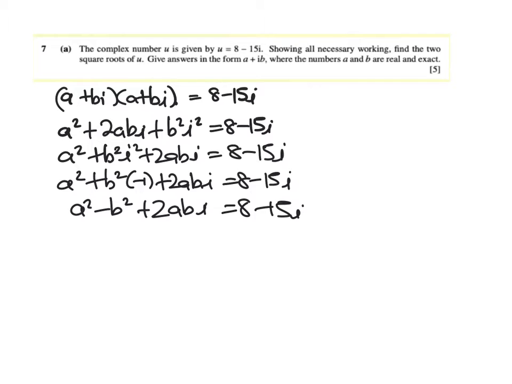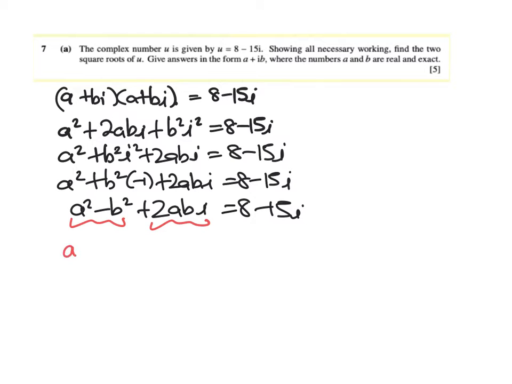Okay, so let's split this. We have a square minus b square, and then we have 2abi. If you look at it, one is the real part and the other one is the imaginary part.